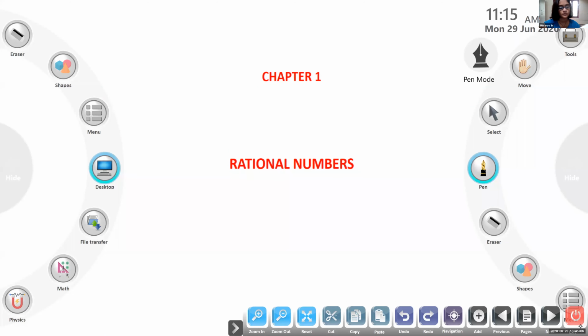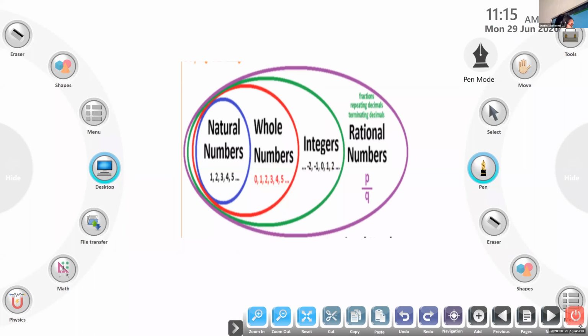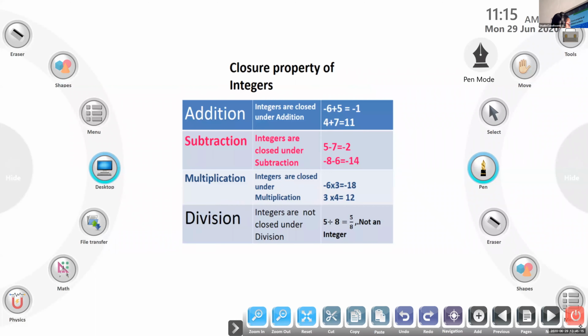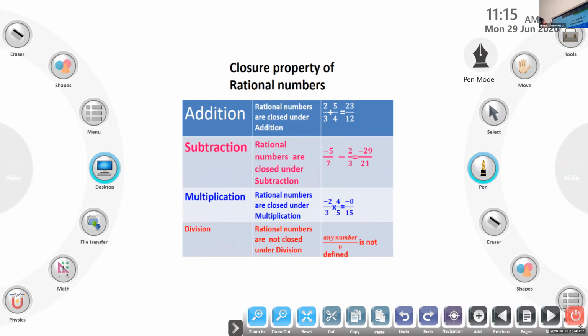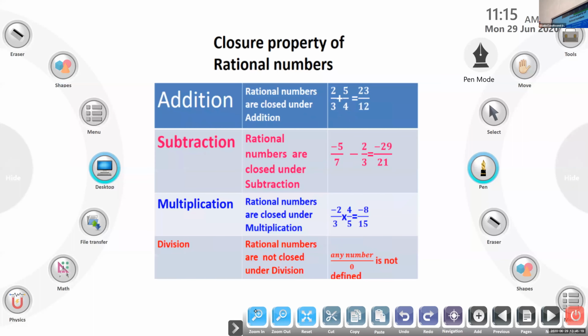For proving the closure property, the only thing you have to do is take any two numbers. Here we are dealing with the property of rational numbers.